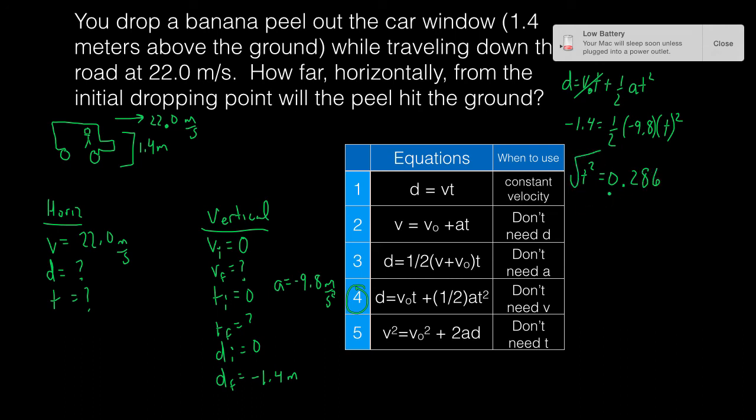Take the square root of both sides to get t by itself. The square root of 0.286, and so the time that banana peel is in the air is going to be equal to 0.535 seconds. So that's the time that the banana peel is in the air.